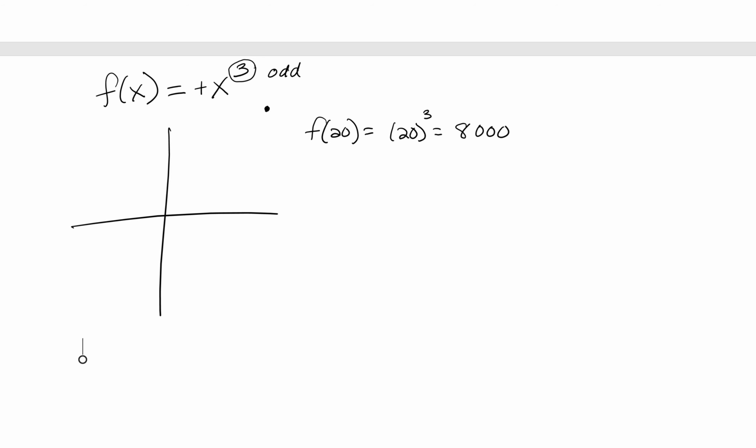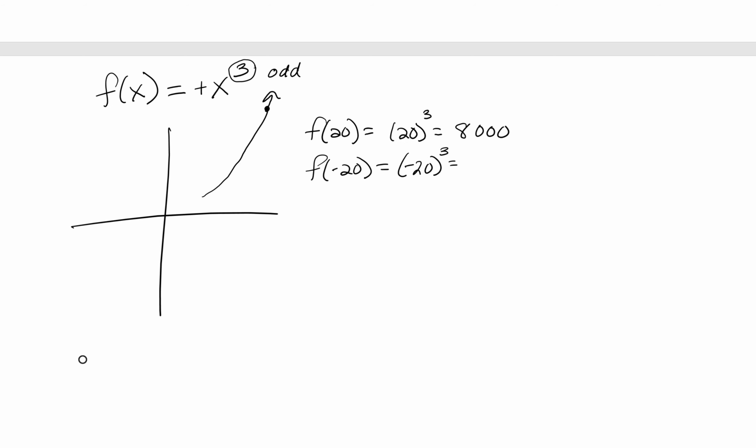Woo! So if I was to graph that, I'd be somewhere out here in La La Land. But long story short, I know that my graph at the end there is going to continue to go way, way, way, way up. And if I was to do negative 20, we have to be careful here. Because if I do negative 20 cubed, this is negative 20 times negative 20 times negative 20.